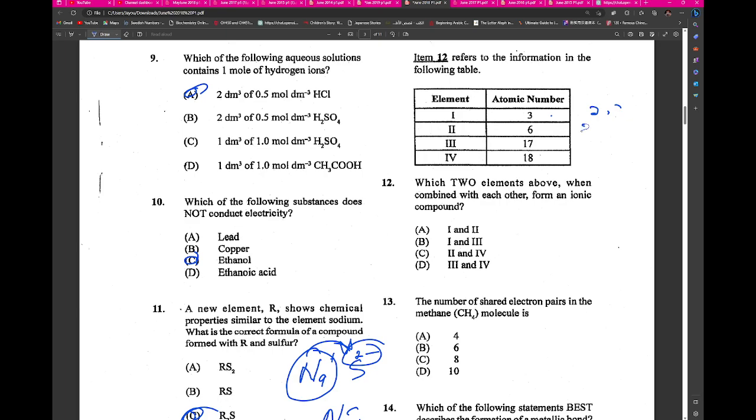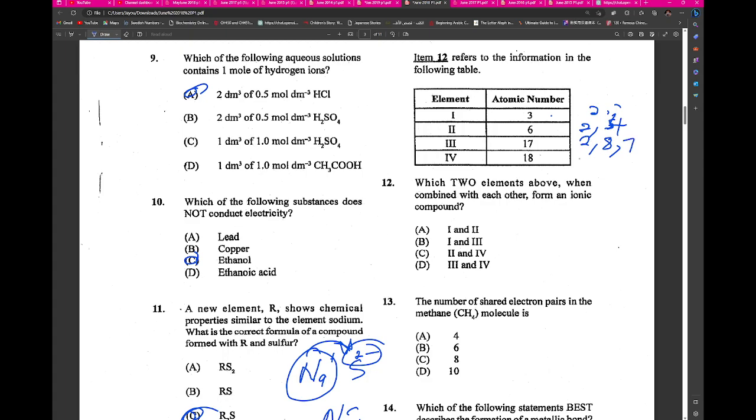If we have 6, it would be 2, leaving 4. 17, we know that would be 2, 8, leaving 7.